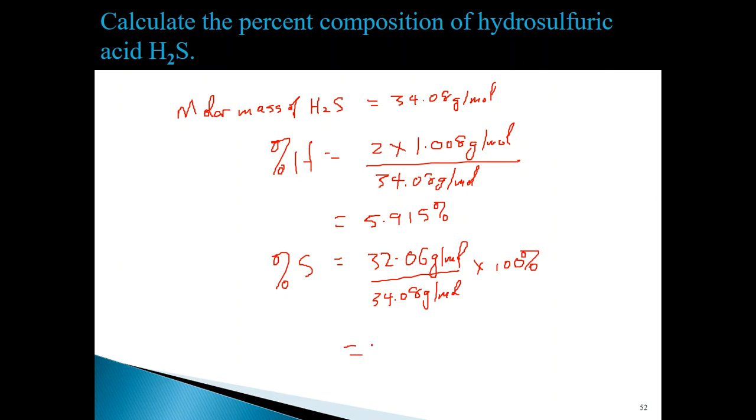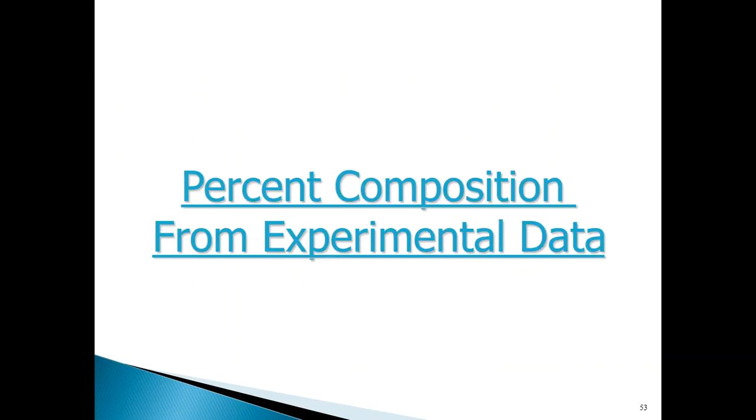And according to my calculation, that works out to be equal to 94.09%. All right? So that's basically how you do that. It's a relatively simple process. If you have the formula, and want to calculate the percent composition, this is basically how you would do it.